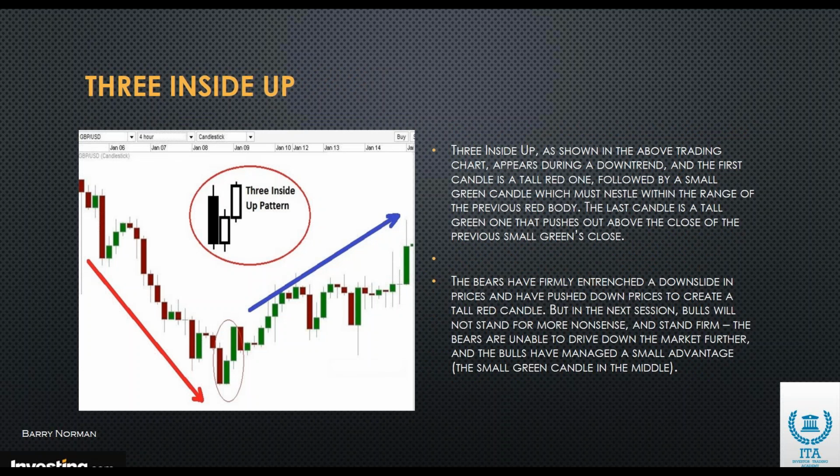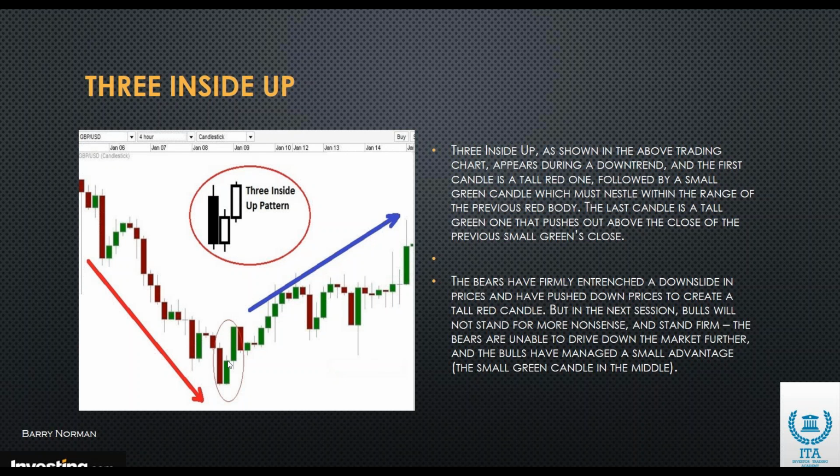Basically, these patterns happen rarely, they're very important, but if you were just interpreting the story of a market, you would have interpreted this without even seeing the pattern. You had a downtrend. You had a solid, strong, bearish push. Then you had the bulls bounce back. Now, in the second candle, we're not exactly sure whether the bears just exhausted themselves and the bulls took a little bit of favor in the next segment, or they were buying from the lows.